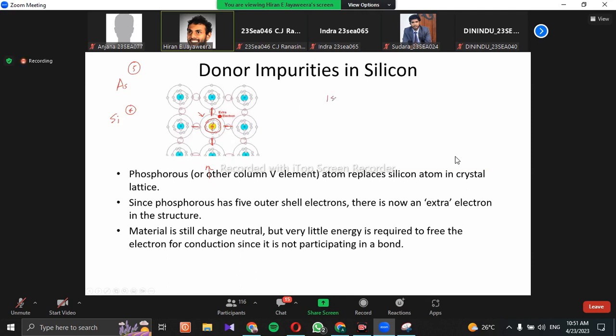You have 15 electrons in the system, and also you have 15 protons in the nucleus. So if you consider this atom itself, it's neutral, and if you consider this as a whole, it's neutral. However, you are getting an extra free electron here. When this free electron is gone, this becomes a positive ion. Is it clear?